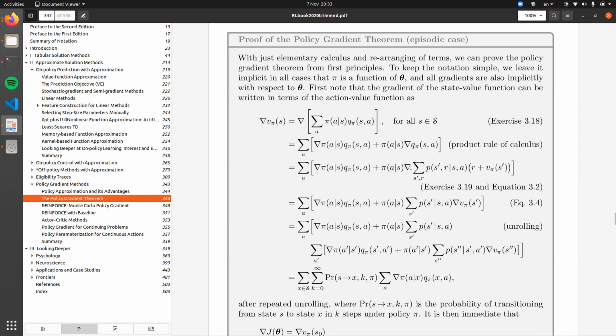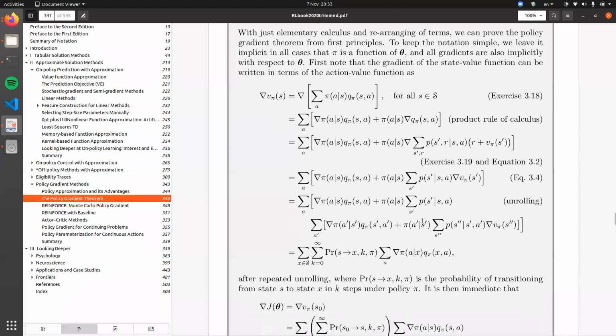It can be written out as a sum over all possible future states and rewards, of the rewards plus the value of the next state, multiplied by the probability of the transitions.